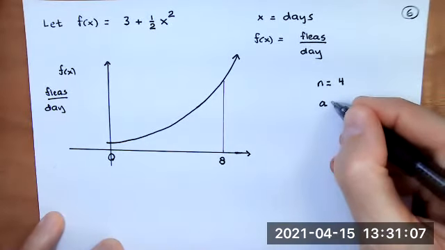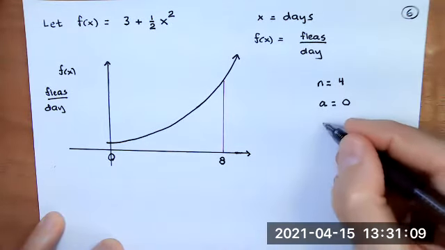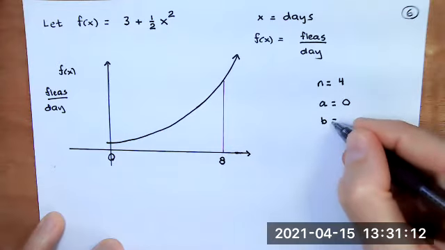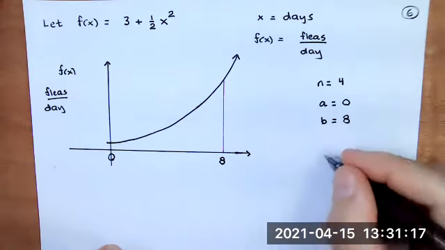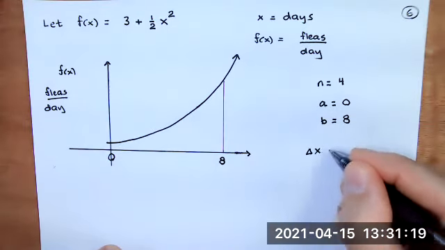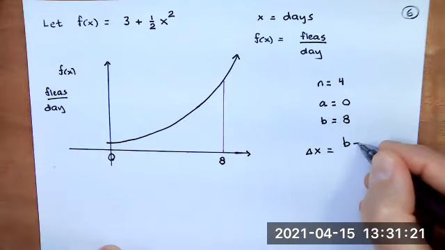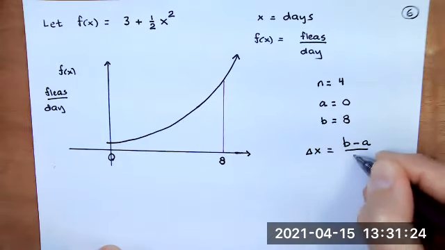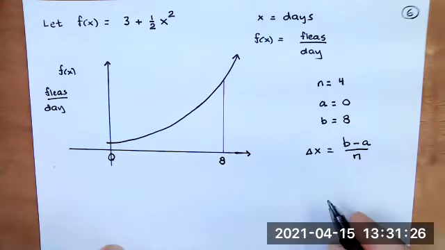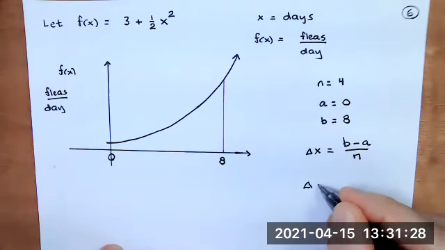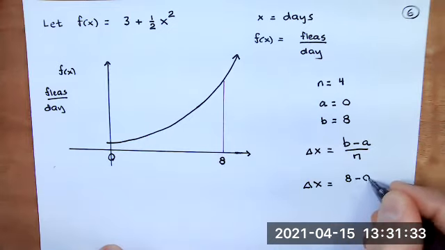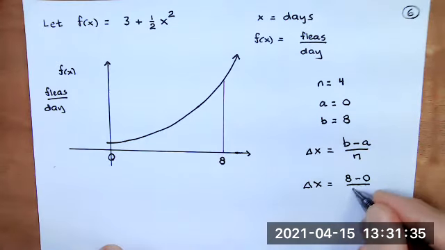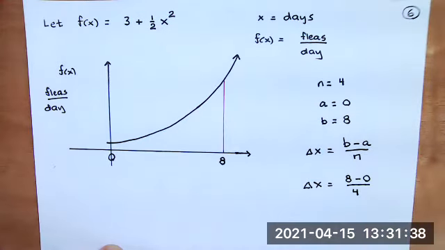So my starting value of x is 0. My ending value of x is 8. What's the size of each interval? That's delta x. So it's going to be 8 minus 0 divided by 4, which is 2.